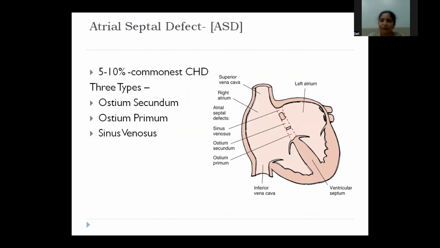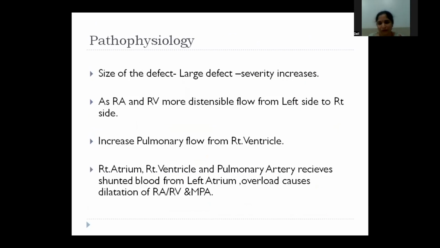Atrial septal defect is the most common congenital heart disease we come across. There is an intercommunication between the two atria because of a defect in the interatrial septum. Depending on the position of the defect, they are classified as ostium secundum, primum, and sinus venosus. As there is a defect in the interatrial septum, blood flows from the left atrium to the right atrium.